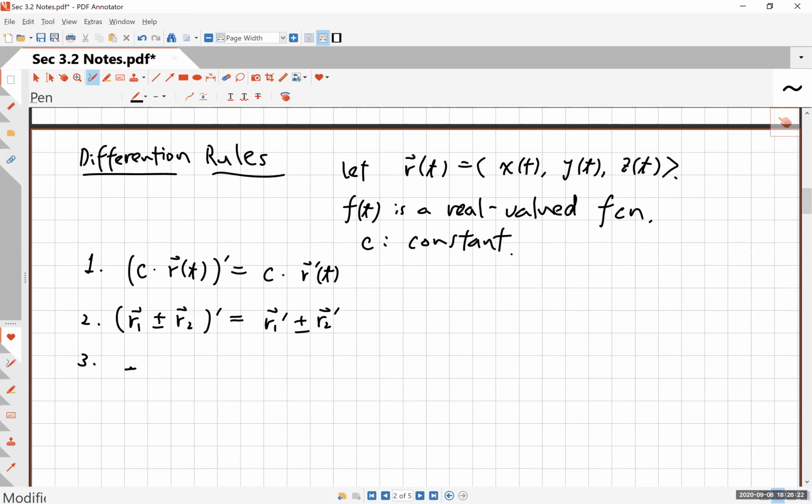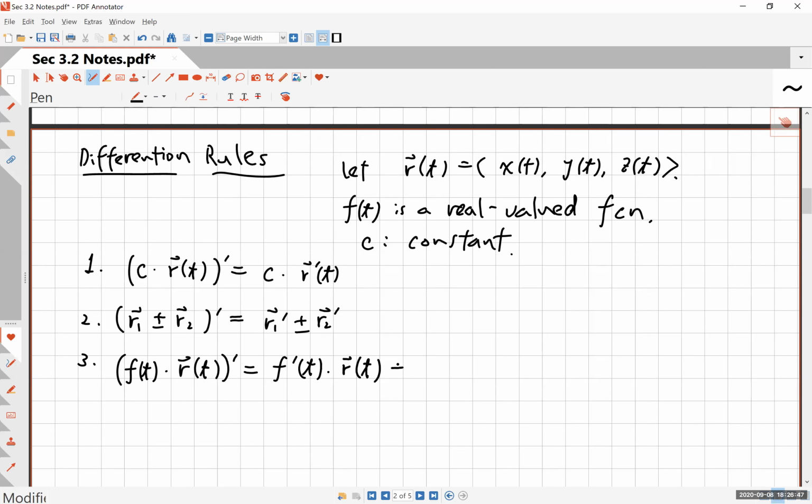Okay, so what happens if you have a scalar function, a real valued function, multiplied by a vector valued function? Now the result is of course a vector valued function because it's a scalar times a vector. And so that is okay. What happens if you take the derivative? Any guesses? You may just guess that the same thing as the product rule works. And that is absolutely true.